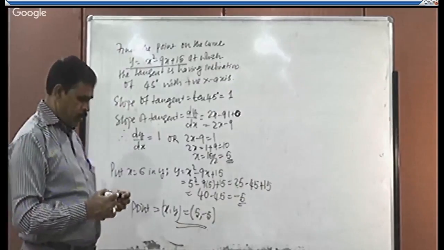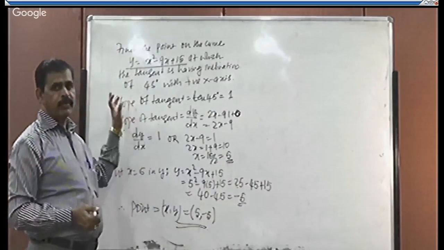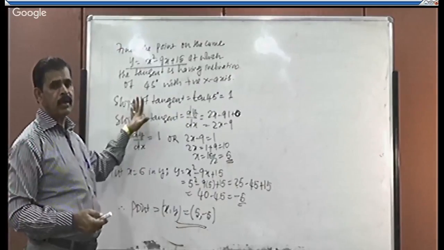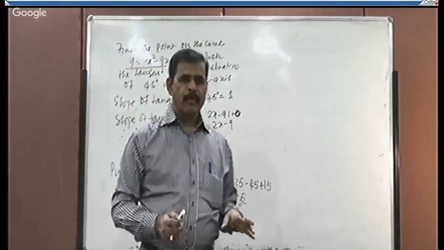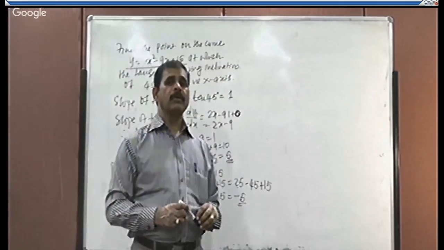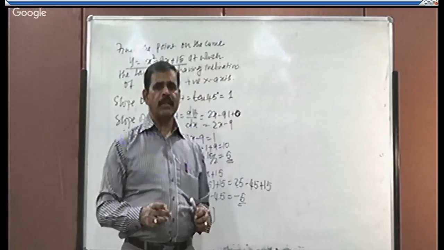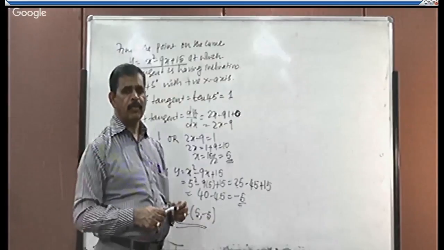This is known as equation of tangent and equation of normal. They will give you some function. By differentiating it, we will get dy by dx. Using that, we can find the slope of tangent. Using slope of tangent, we can get the slope of normal.